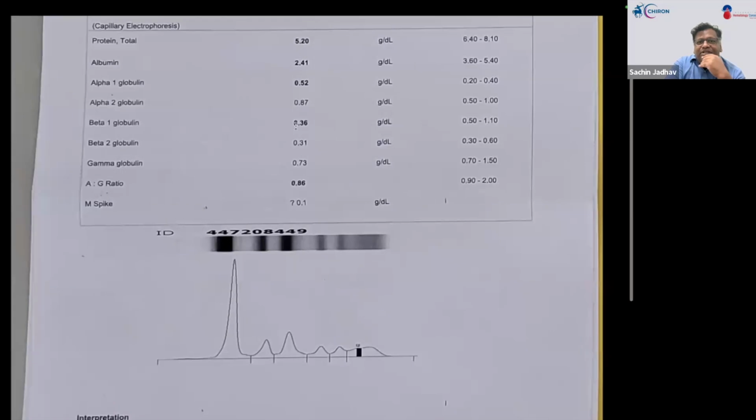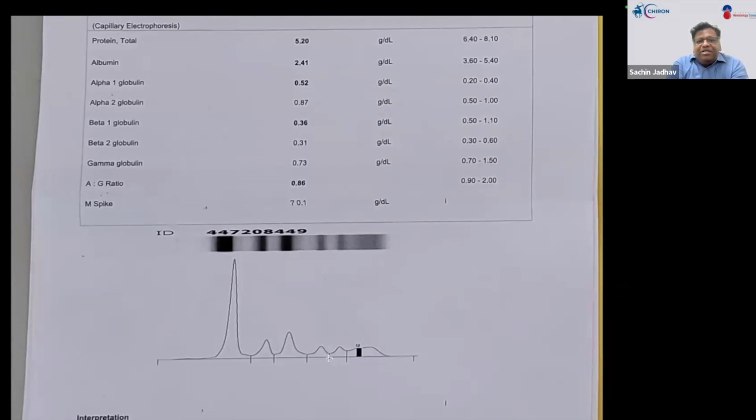Everything else is smaller than albumin. That means in this patient's blood, maximum protein is albumin. The first spike is albumin, the highest spike. The next spike is alpha 1 globulin, 0.52. Third is alpha 2 globulin, that is 0.87. See, it's slightly bigger than alpha 1, 0.52 to 0.87.